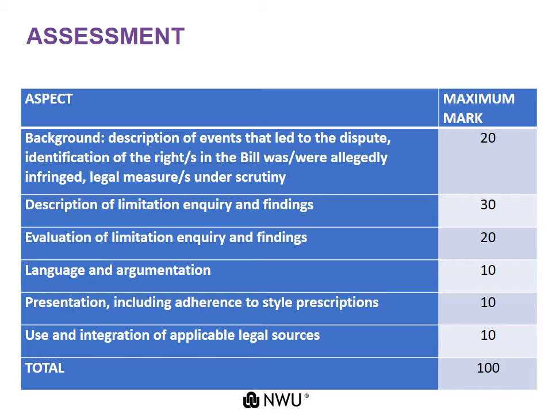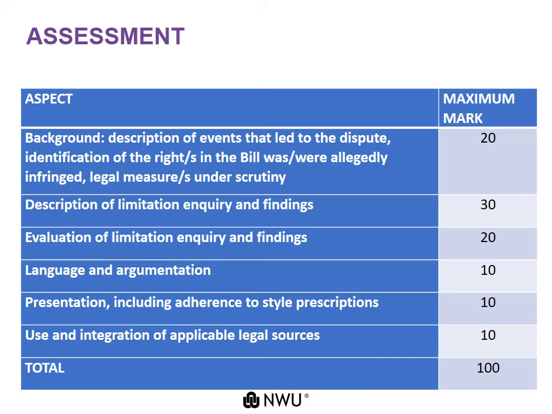And you need to identify all of this very clearly, very succinctly, and then continue to describe or summarize the limitation inquiry and the findings of the court in this regard. What does this mean? This means you have to explain how the court conducted the inquiry into whether the legal measure was constitutional or not.